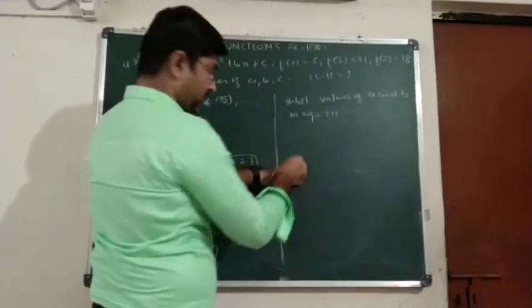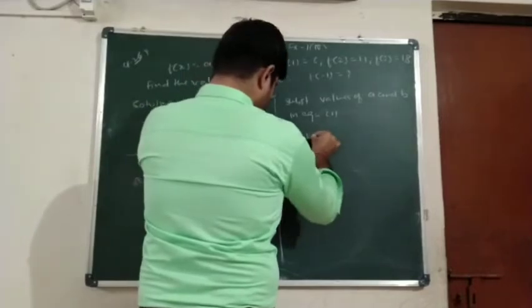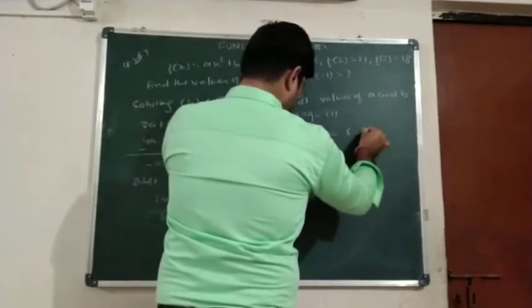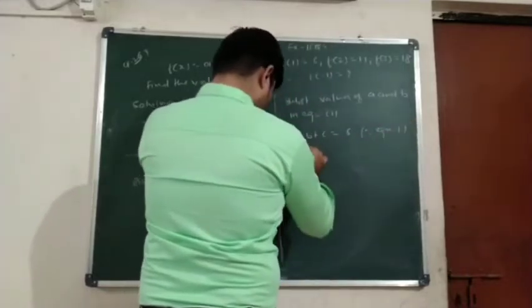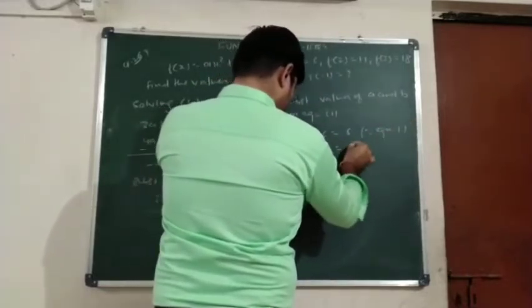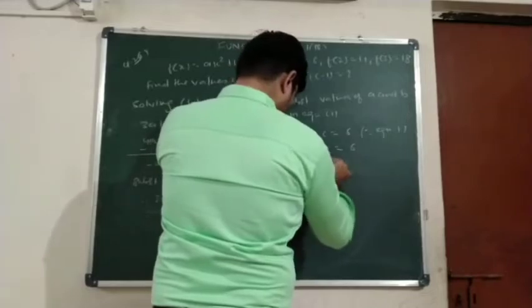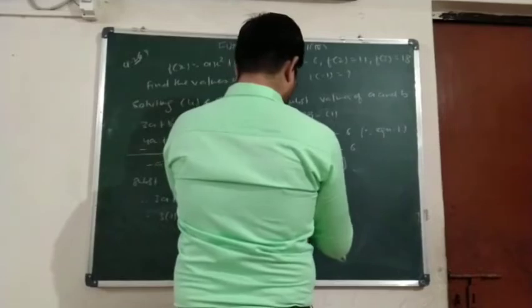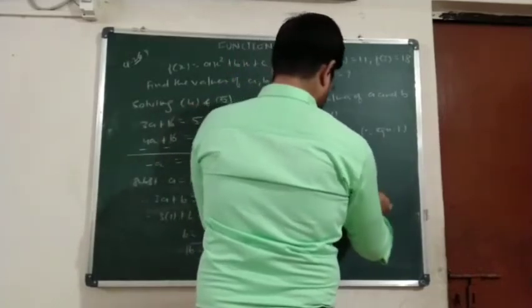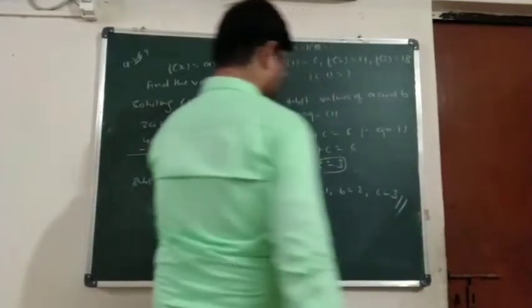What was equation 1? a plus b plus c is equal to 6. a is 1, b is 2, and c we have to find, so 1 plus 2 plus c is equal to 6, and therefore c is equal to 3. Therefore the values of a, b and c are 1, 2 and 3 respectively.